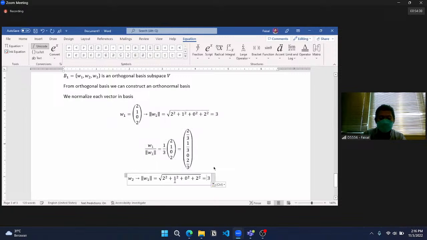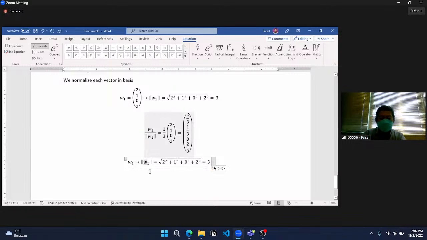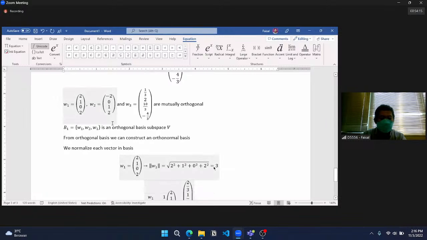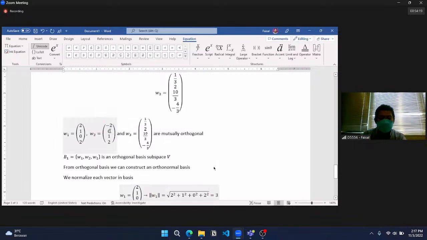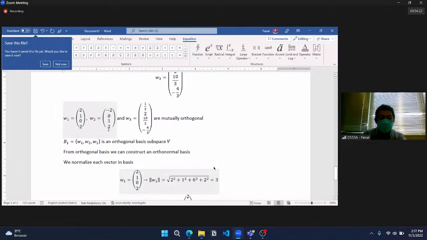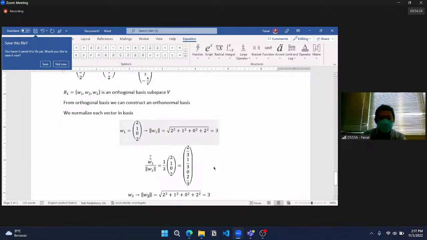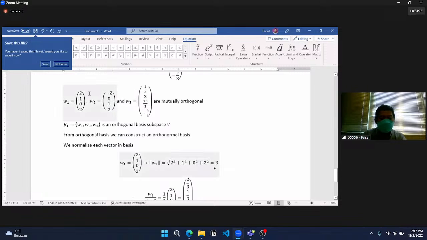W2 has -2 in the first coordinate, so the norm is the same, because it only differs by a negative sign in the first coordinate.